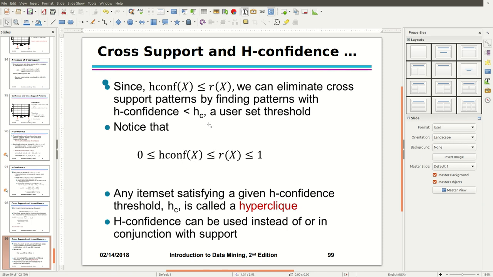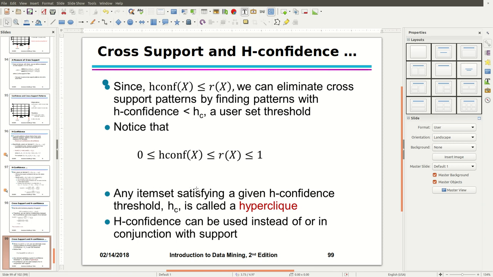And I can actually set an edge confidence threshold value and use that to eliminate lots of items or rules in the pattern. So I'm finding patterns, I can eliminate that. We can eliminate cross support patterns by finding patterns with edge confidence less than this.